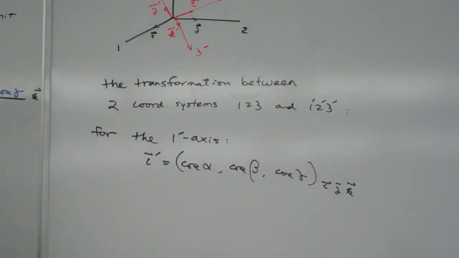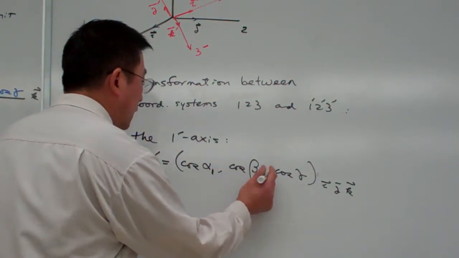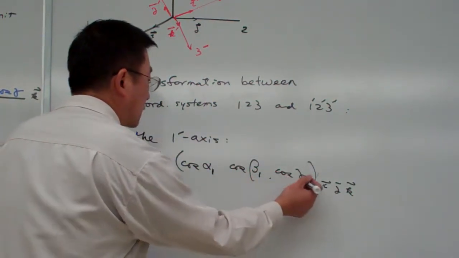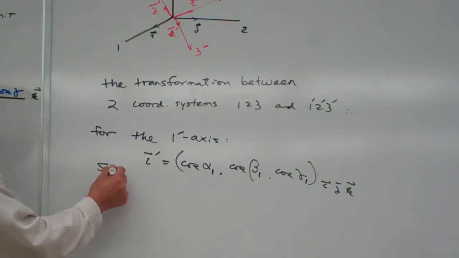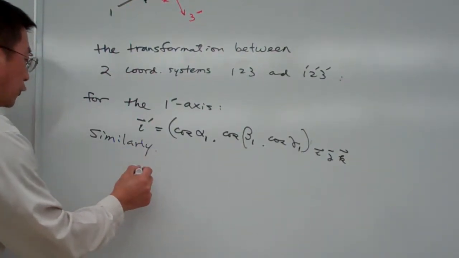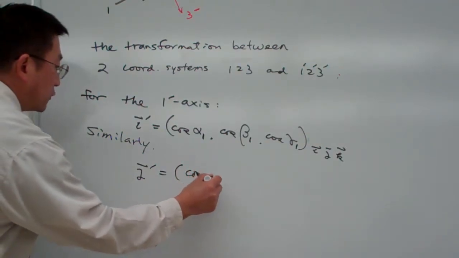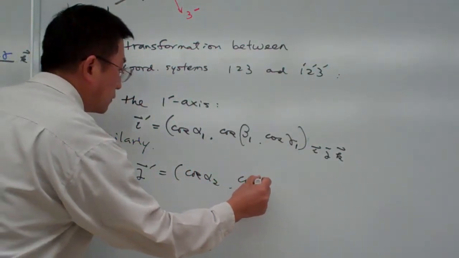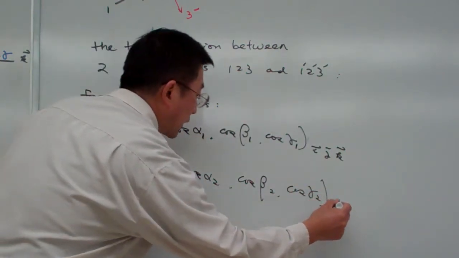To be specific, let me say this is alpha 1, beta 1, and gamma 1. Similarly, for J prime we have the same pattern: alpha 2, beta 2, gamma 2 in ijk.